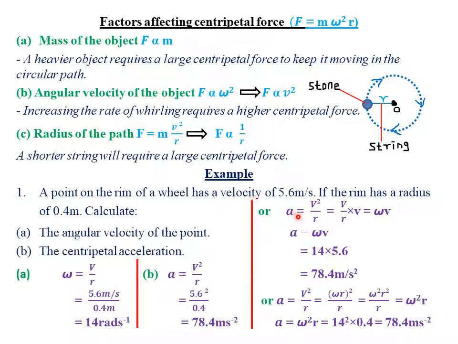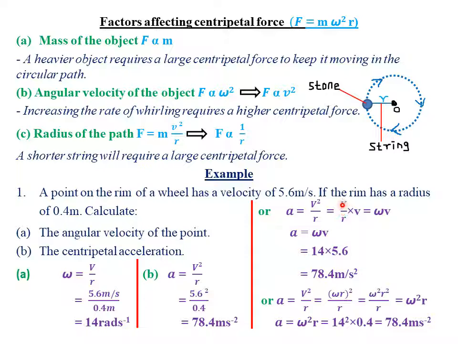Similarly, we can also derive other formulas for centripetal acceleration. From the formula centripetal acceleration equals v squared over r, if I separate the values of v, v squared simply means v multiplied by itself. And we know that v over r is simply the formula for the angular velocity.